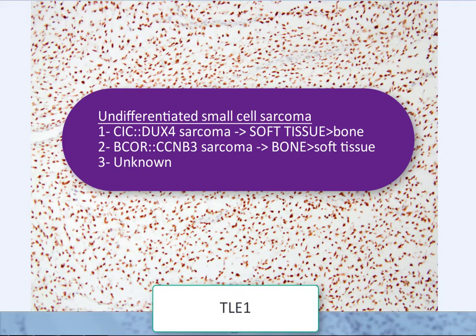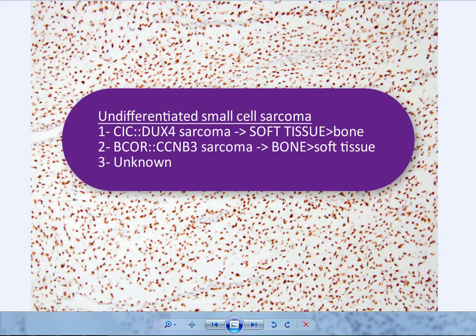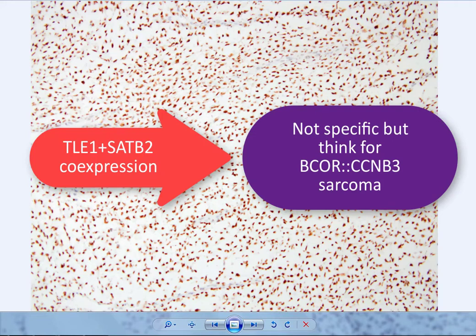And CIC-DUX4 is one of the entities in the undifferentiated small cell sarcoma, but this one is BCOR-CCNB3 sarcoma, which is characterized by co-expression of TLE1 and NKX2.2 immunohistochemically.